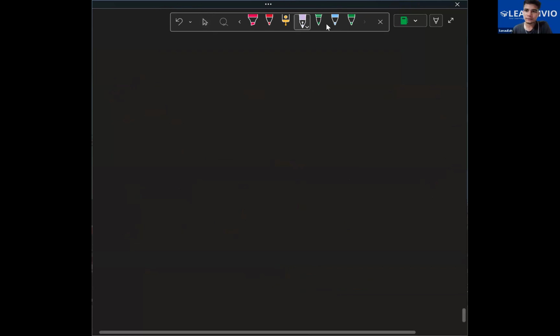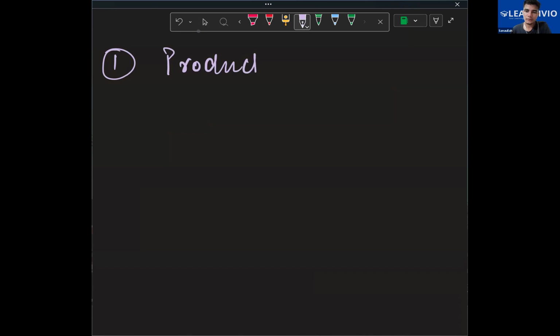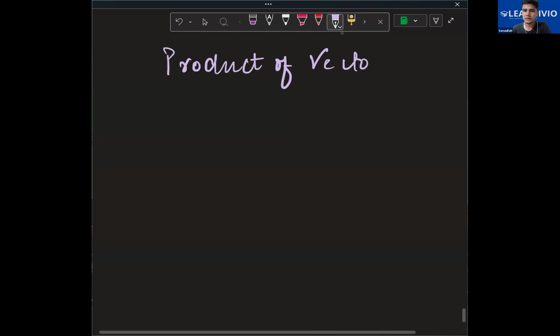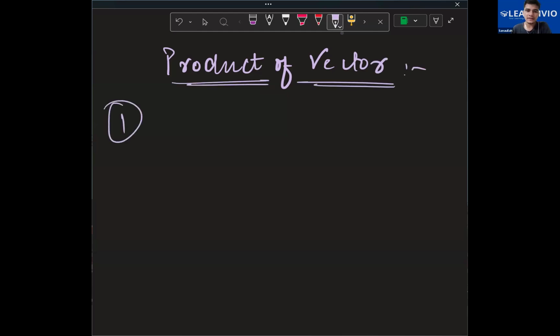So in product of vectors, the first category is the scalar product.